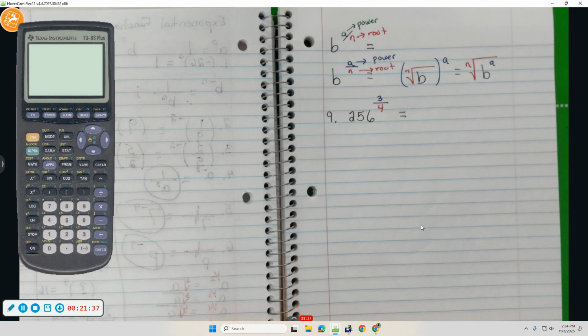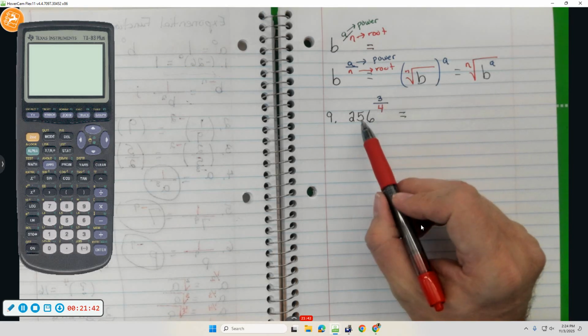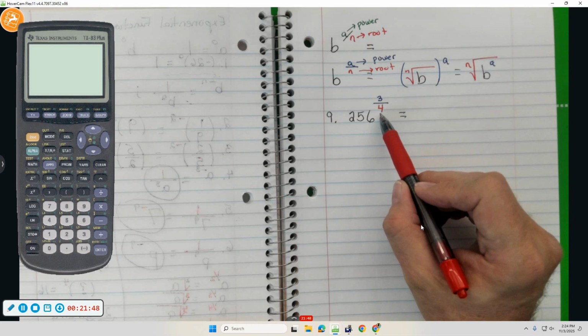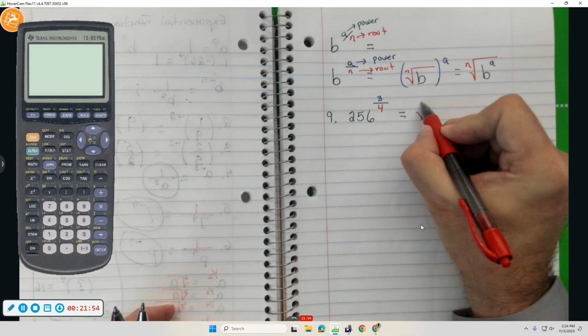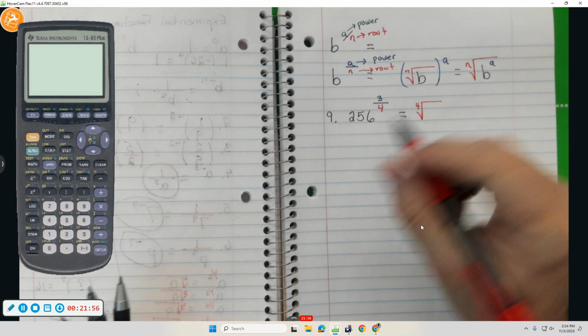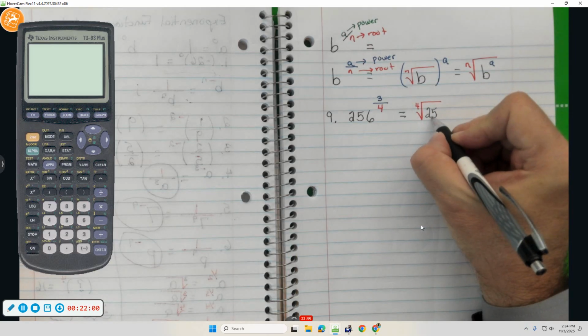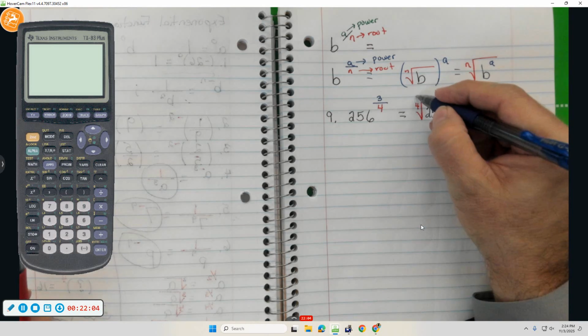Here's my thoughts. I could start off cubing 256 first and then look at the root. But wow, that's going to get you a huge number. The smart thing to do is to find the fourth root of 256 and then cube it.